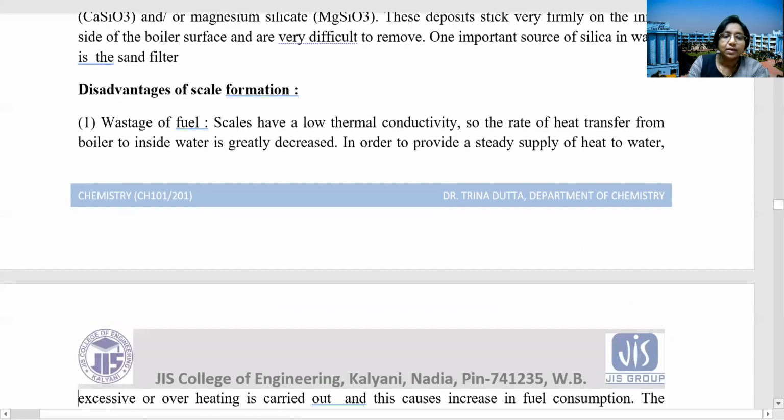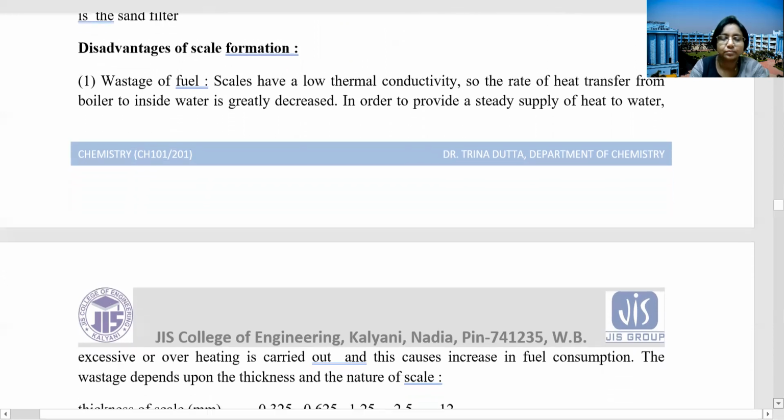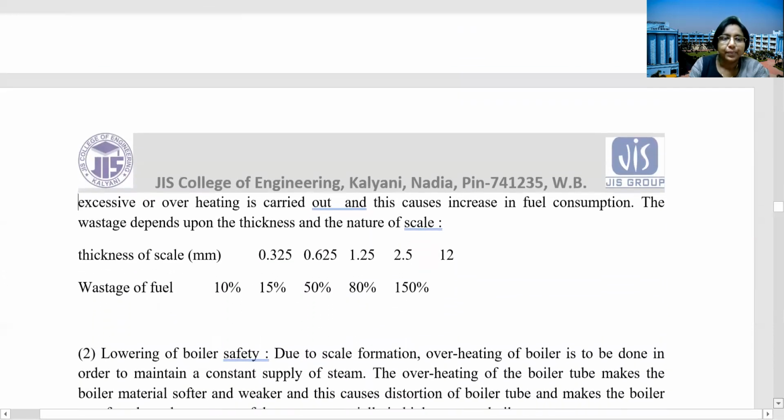That is the disadvantage of scale formation I told you: the wastage of fuel. Fuel will be wasted because the heat transfer efficiency will be less. Scales have low thermal conductivity, so the rate of heat transfer from the boiler to the water inside is decreased, and to provide a steady supply of heat to the water, more fuel is needed.